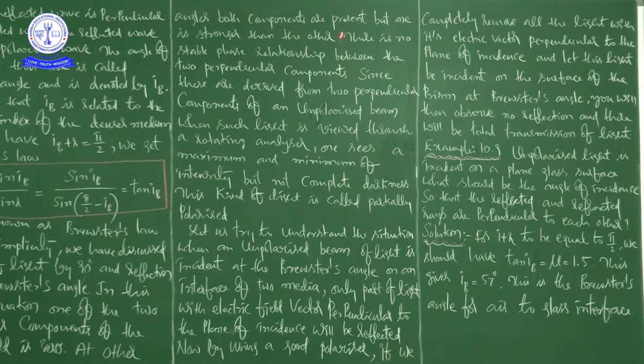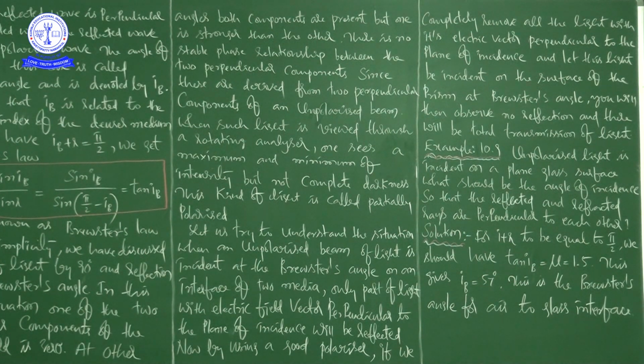So it is as simple as Snell's law: mu is equal to sin iB by sin r. Mathematically, sin iB by sin(90 minus iB), that is cos iB, so sin iB by cos iB is tan iB.